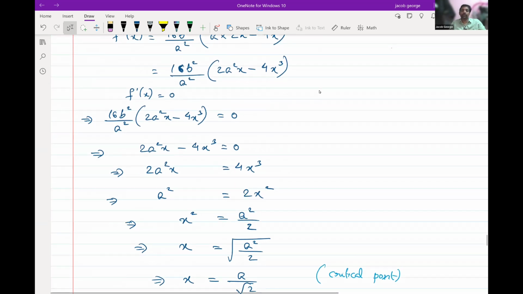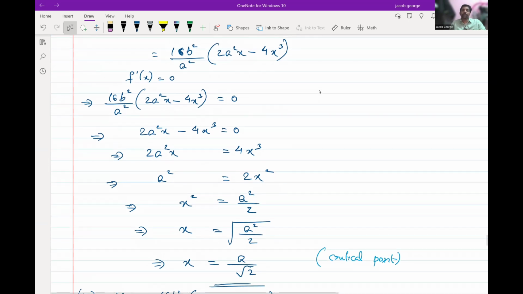X is equal to square root of a square by 2, or a by root 2. X is equal to a by root 2.